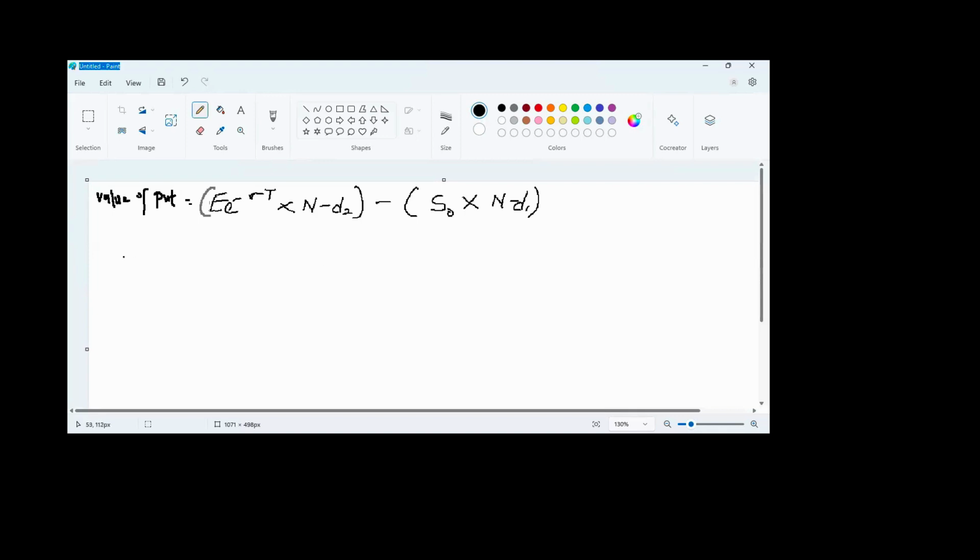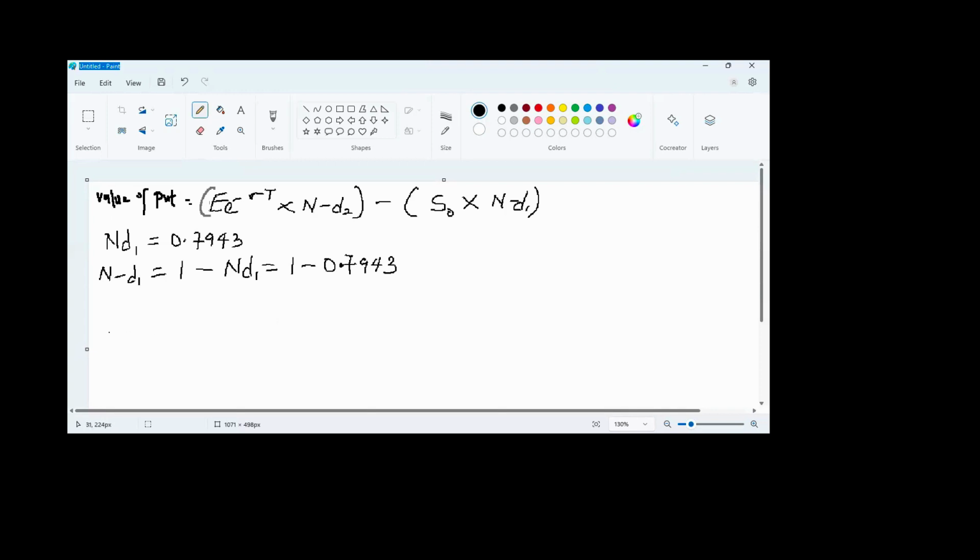Now we have calculated our D1. Our ND1 gave us 0.7943. I can now compute N of minus D1. This is equal to 1 minus ND1, which is 1 minus 0.7943.